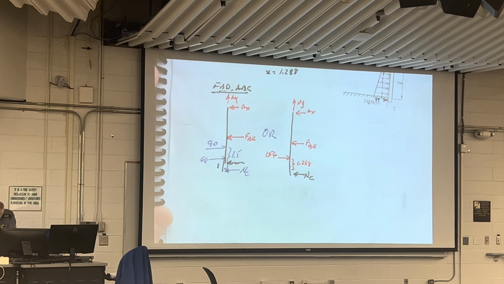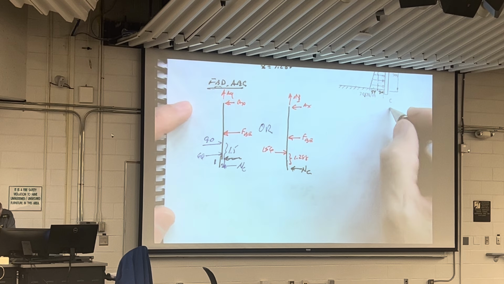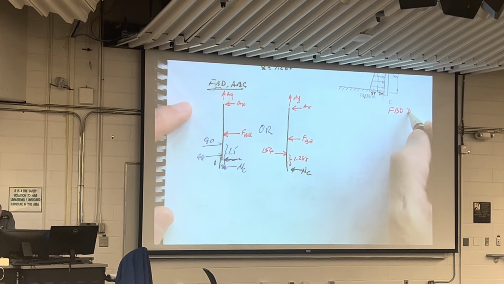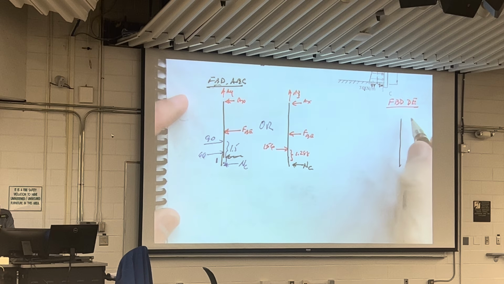And then over here, I'm going to draw this free body diagram. Free body diagram DE in essence. That's this guy that looks like this. I have 15 kilonewtons this way. This is 15 kilonewtons.